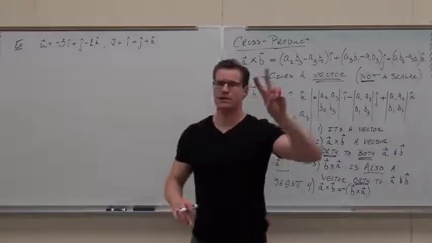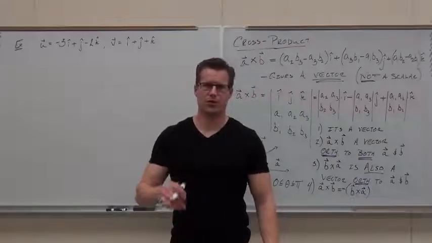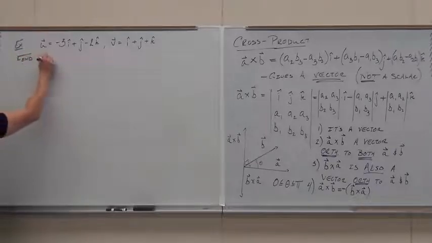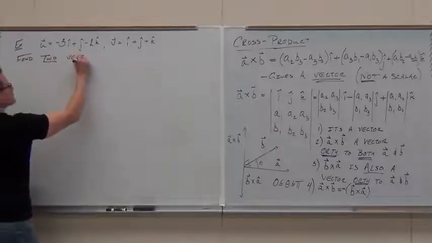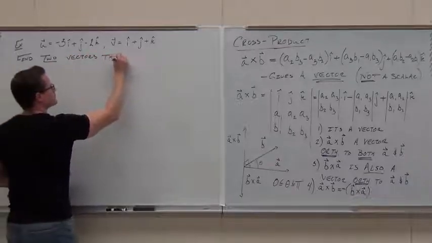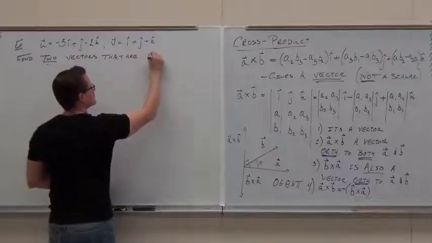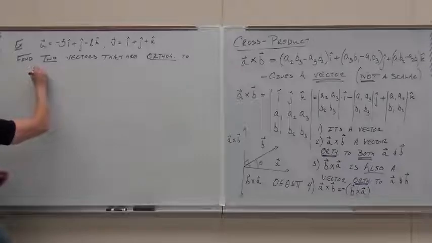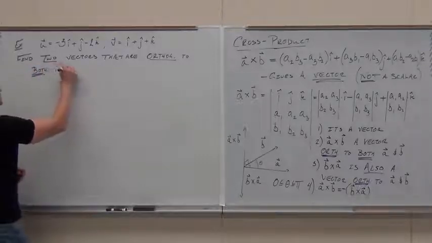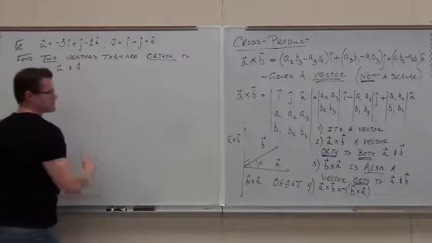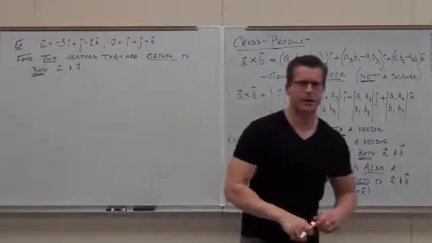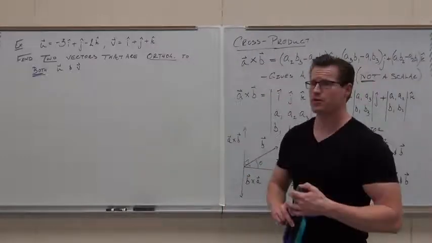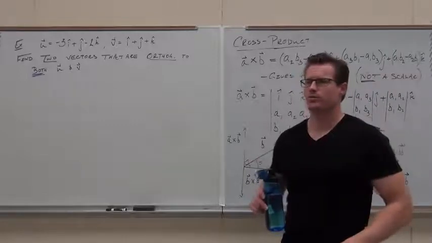I want you to find two vectors that are orthogonal to both u and v. Write it down, then look up here so I know you all have written it down. So we got u, we got v, make sure you're writing it down correctly. We want to find two vectors that are orthogonal to both of them.